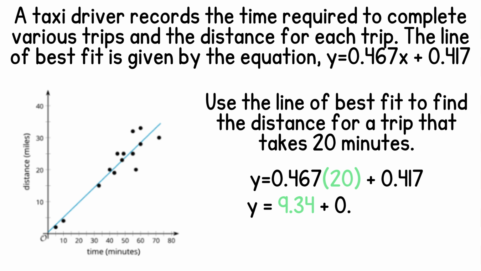Multiplying 0.467 times 20 gives us 9.34. When we add that to the 0.417 we get a total of 9.757. If we plot this on our graph where x is 20 and y is 9.757, it follows that trend that the line fits, so this is accurate.